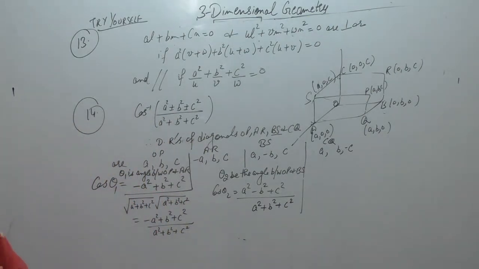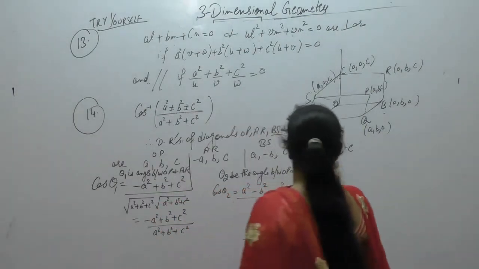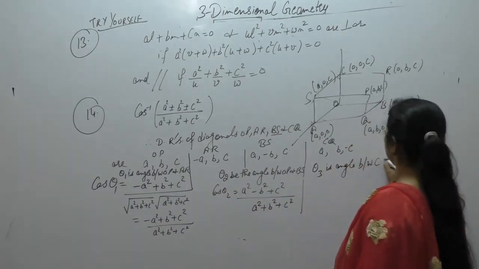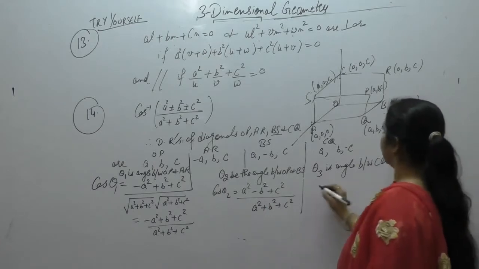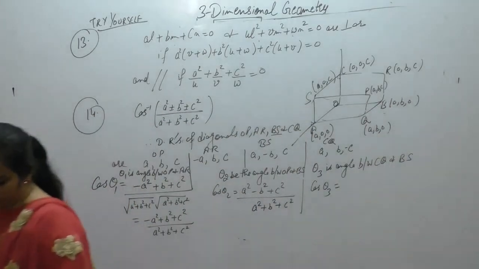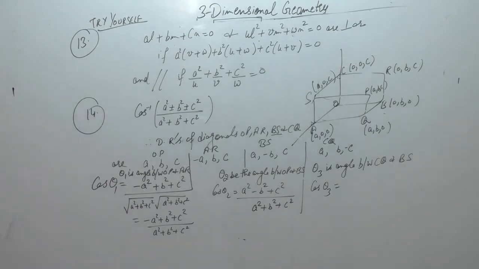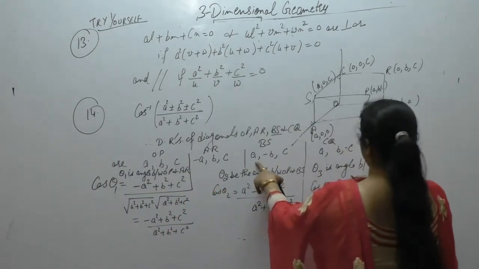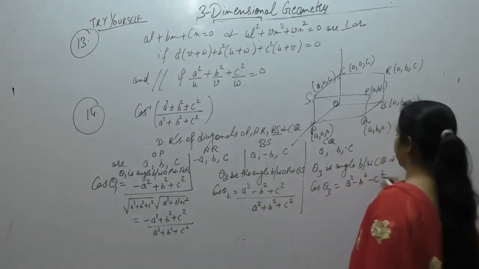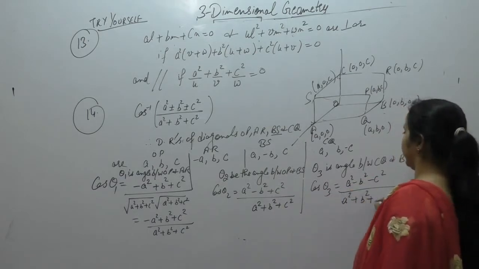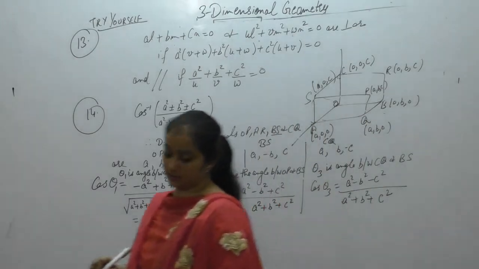Now theta 3 is the angle between CQ and BS. Then cos theta 3 is a into a minus b into b minus c into c upon a square plus b square plus c square again.